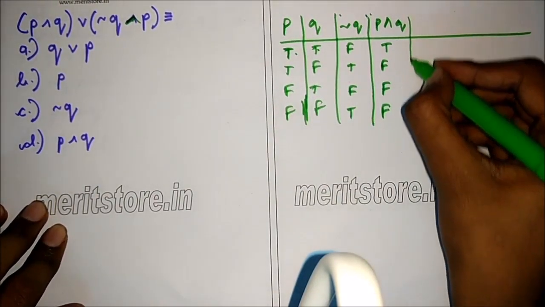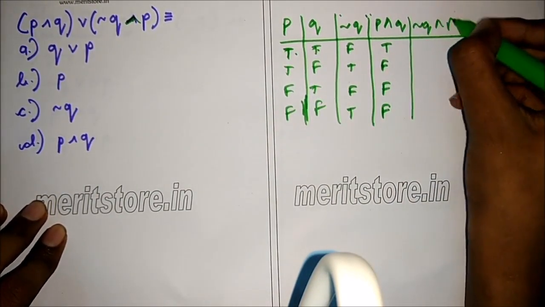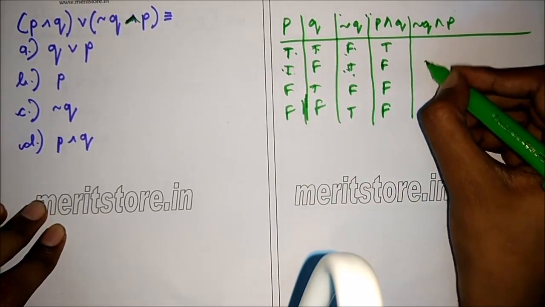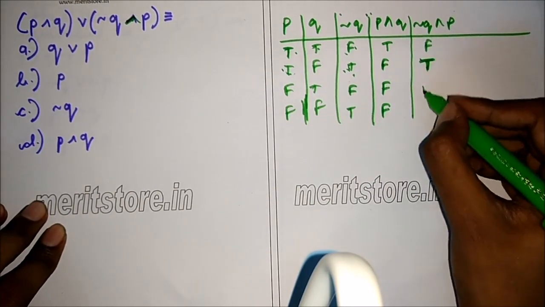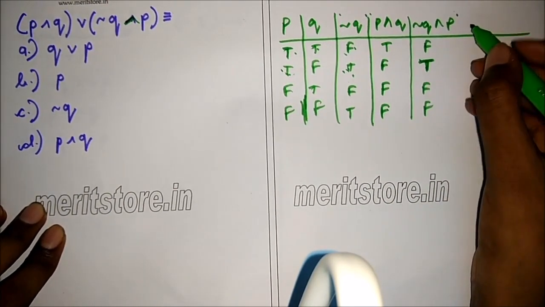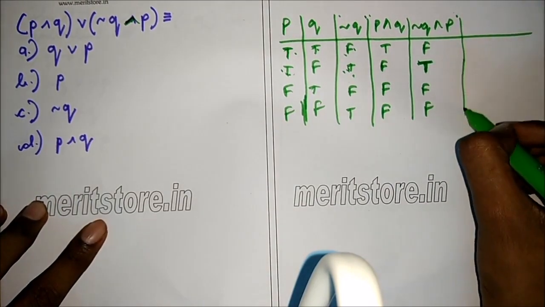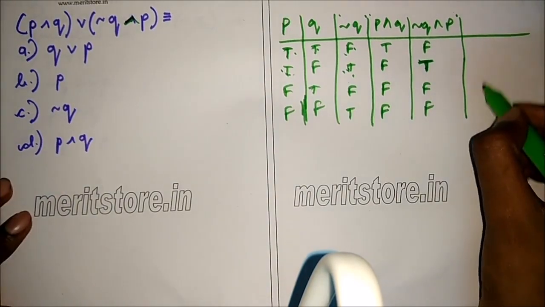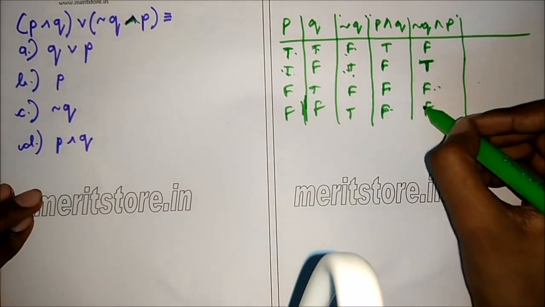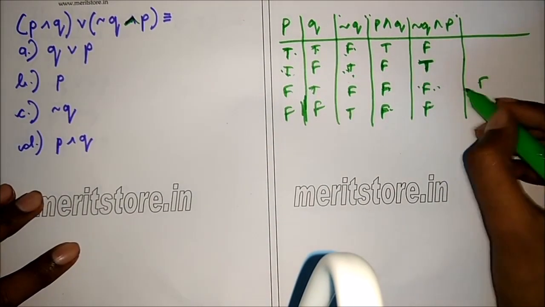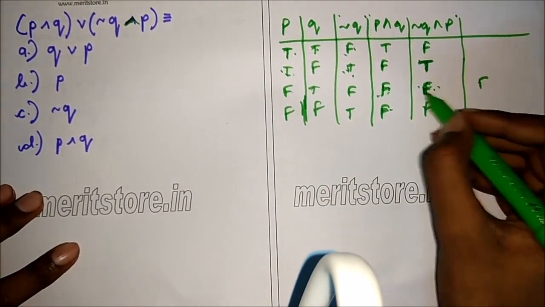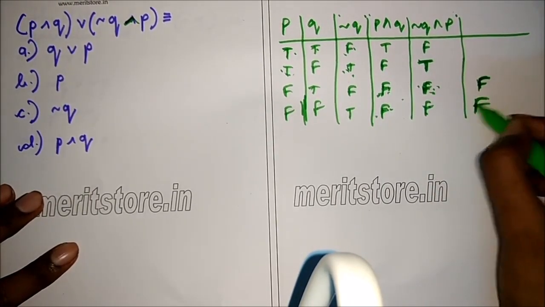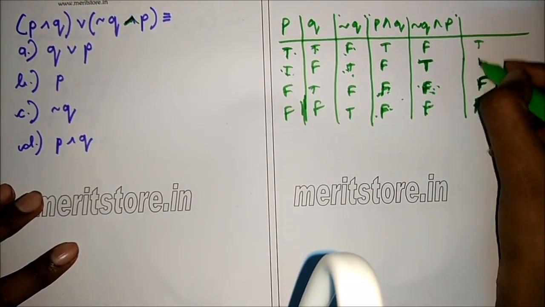Negation Q and P: if both are true then it is true, else it is false. Now here, if both are false, then the statement is false, that is FF is F. So here there are two such cases, so FF, else it is true.